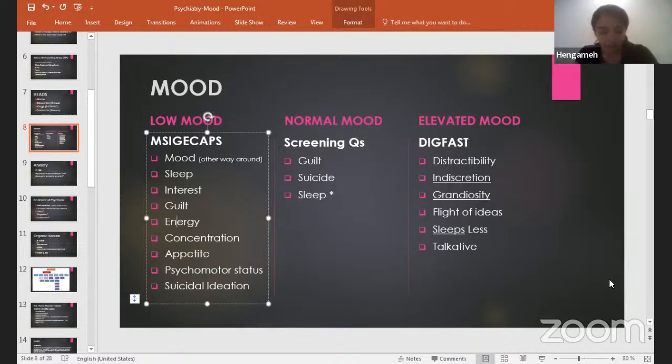Psychomotor status. So the way to ask psychomotor status, have you noticed your movements being slower or faster than usual? Suicidal ideation. Have you ever thought about harming yourself or others? Okay. Again, if the answer to this question is a yes, we don't just leave it.